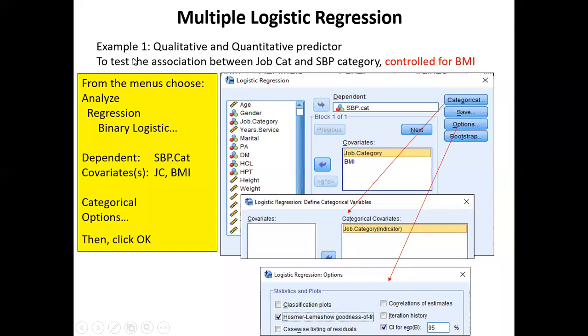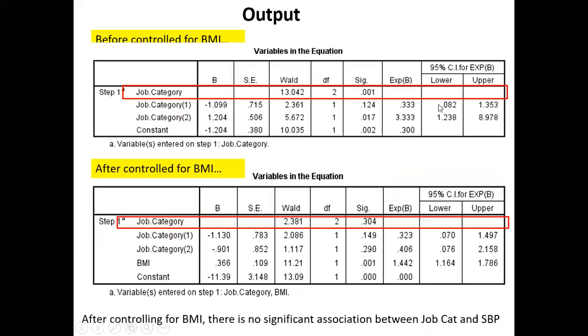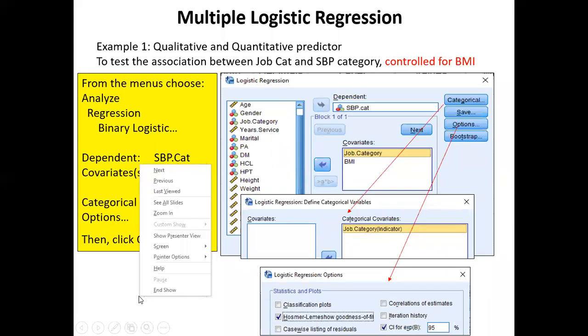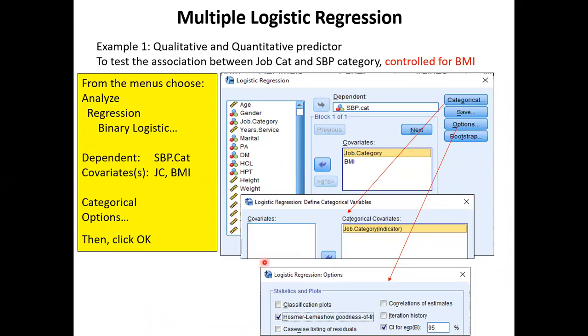Again, my objective is the association between job category and BP. All right. So let's do this. So BP goes there, job category and BMI.